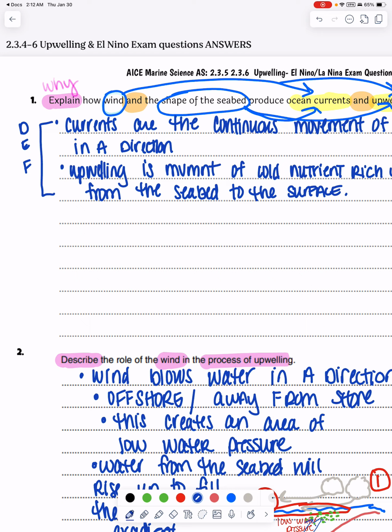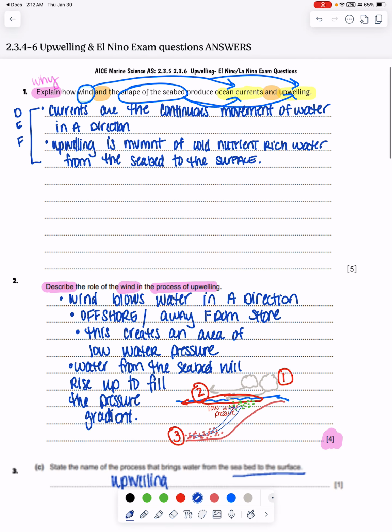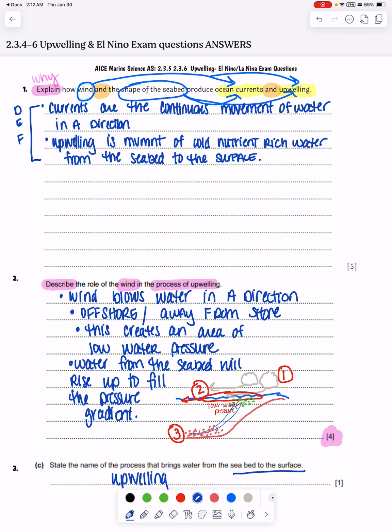Okay, and now we can actually tackle the main part of the answer, which is explaining how these things are happening. And where I said on number 2, wind blows water in a direction, this is where that's actually coming from.